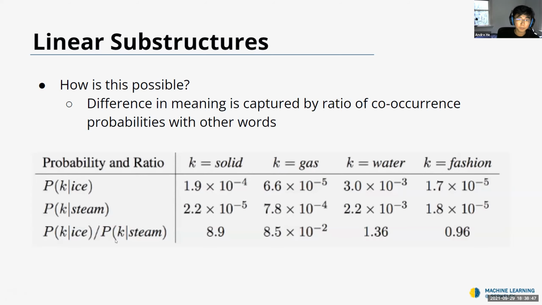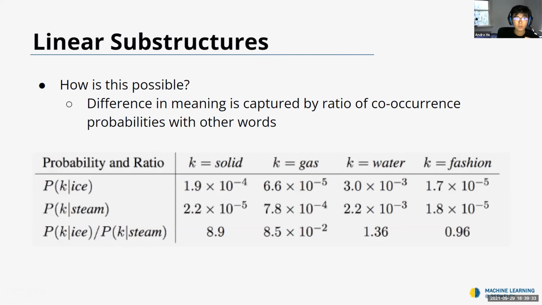The difference in meaning between ice and steam, it's not super intuitive, but you can sort of convince yourself that you can capture the difference in their meaning by how much more likely, let's call this word W, you can capture the difference in meaning between ice and steam by the ratio of how much more likely W is to occur with solid when you replace W, which is originally steam, with ice, and how much more likely does it become to occur with gas, and all these other words, right?